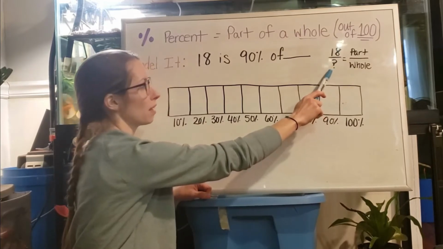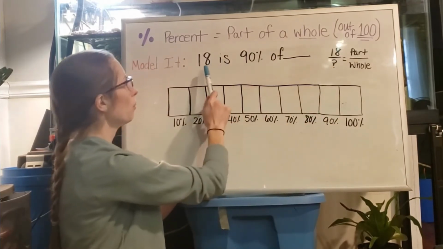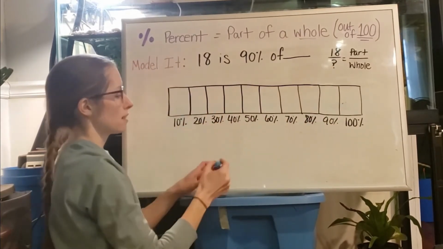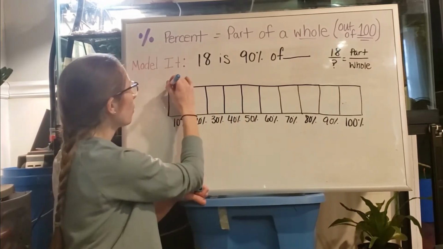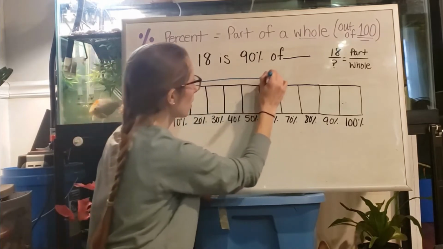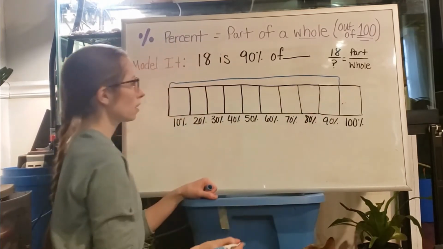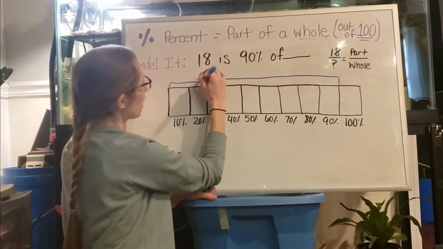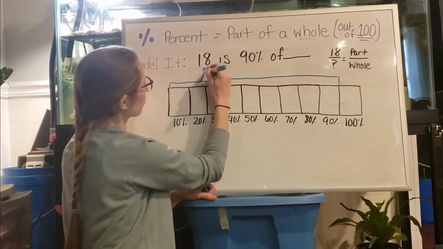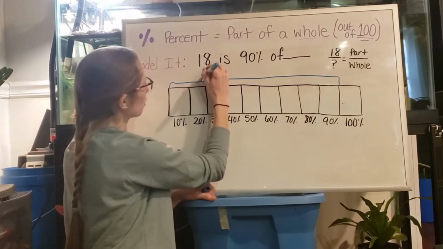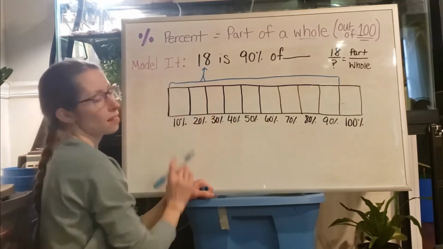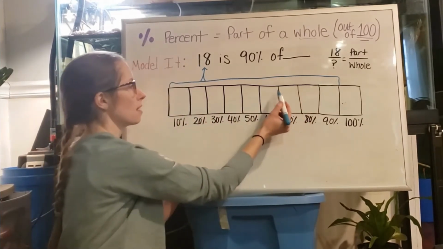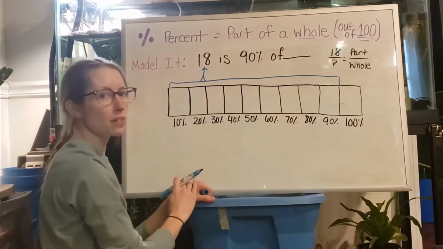We don't know what it is. And we know that 90% is 18. So that means that if we go all the way to 90%, that's the value that we're going to have, is 18.